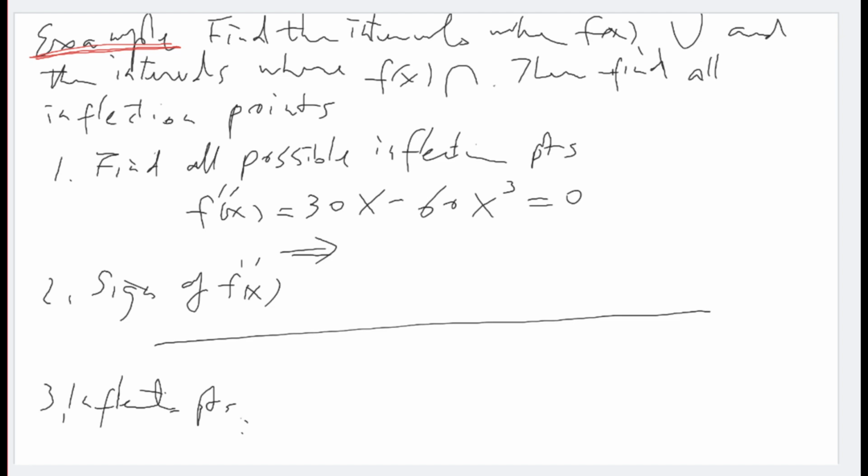What I missed is the f of x equal to, that's why I got a little confused. The function was 5x to the third power minus 3x to the fifth power. That was the function.